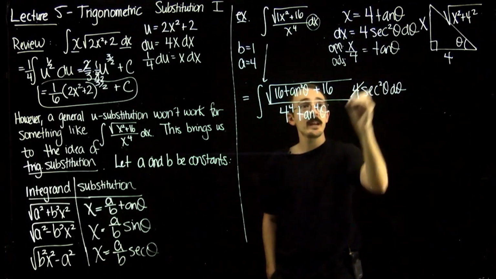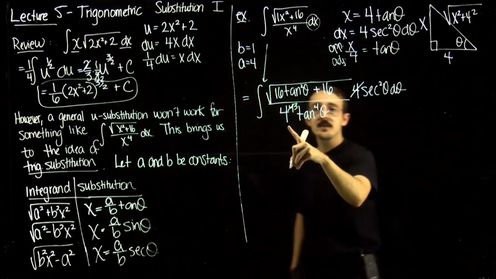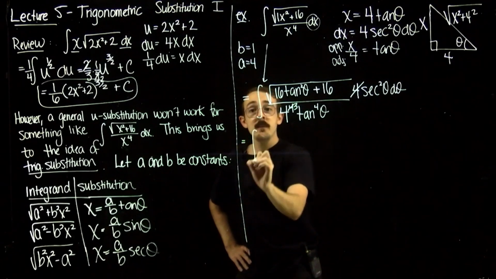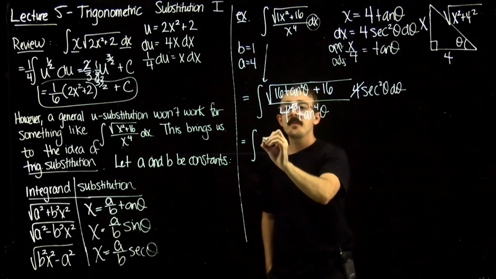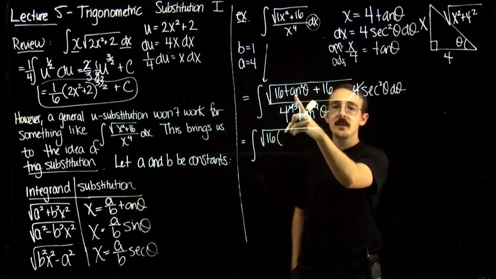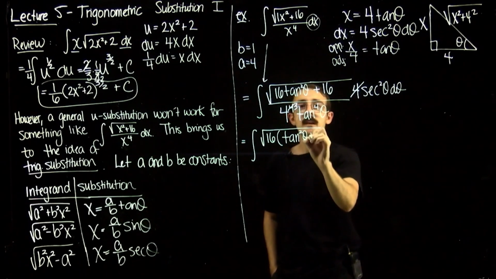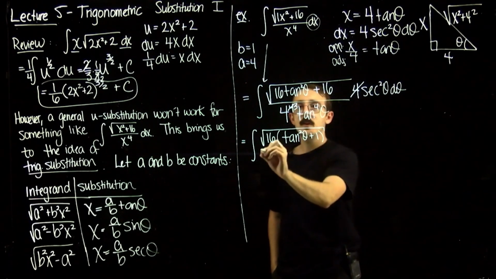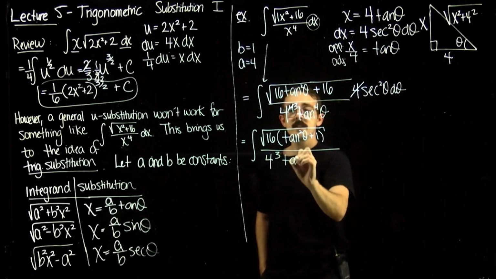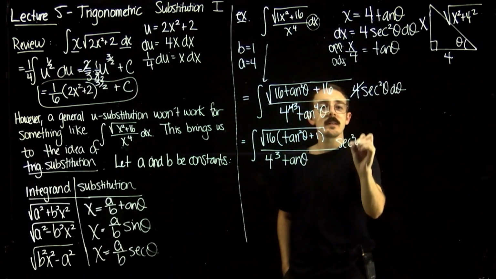Immediately, I see that a 4 cancels out here and here. So now we're down to 4 to the 3rd power right here. Let's keep going. So now, notice that I have, in the radical, I could factor out this 16, because they both have a 16, and you get tangent squared plus 1 over 4 to the 3rd tangent theta times secant squared theta d theta.